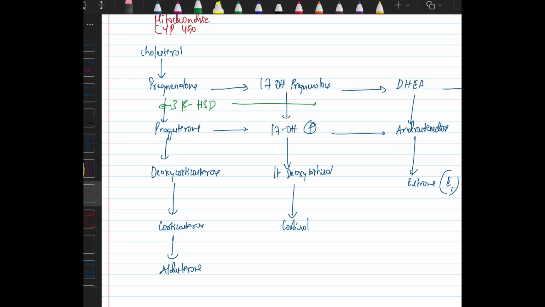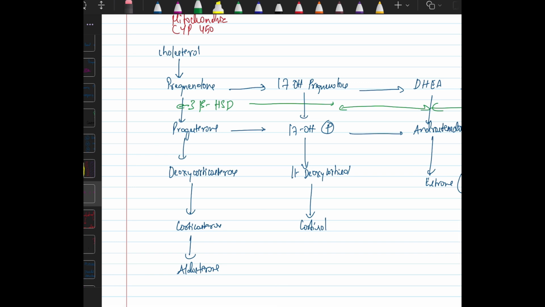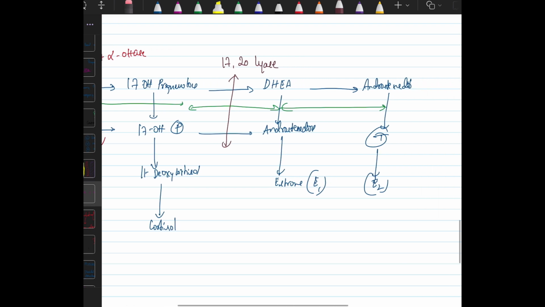All the steps in the second row involve 3 beta hydroxysteroid dehydrogenase, and these involve your 17 alpha hydroxylase both. And next here the same enzyme is involved, 17,20 lyase. Okay, I forgot to write it here.